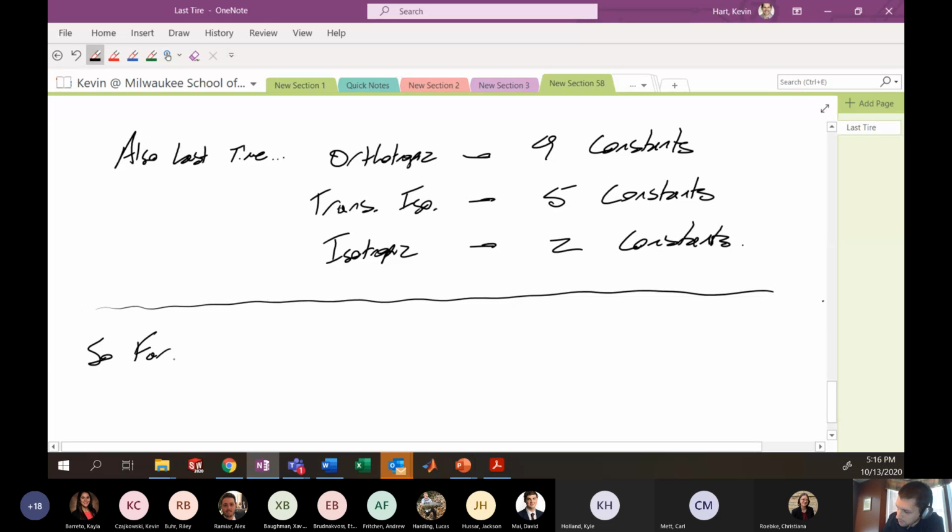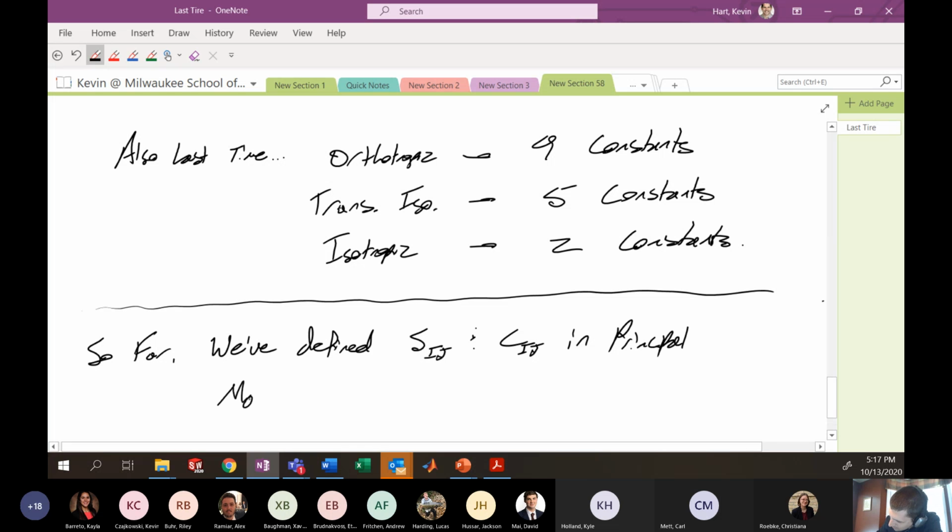So far, we've defined Sij and Cij in principal material axes, like your 1, 2, 3 axes.